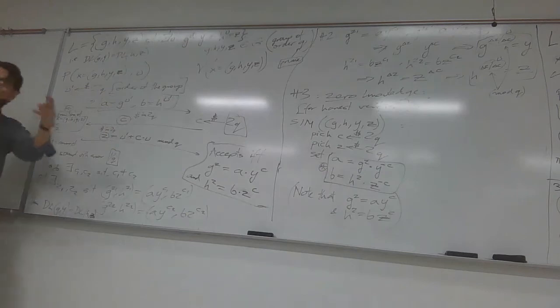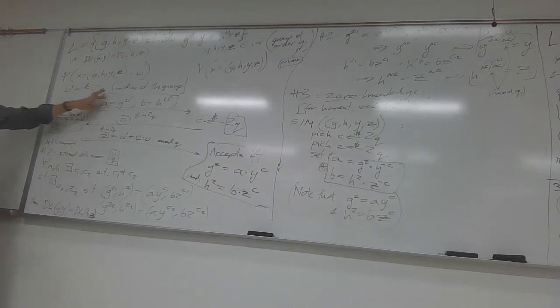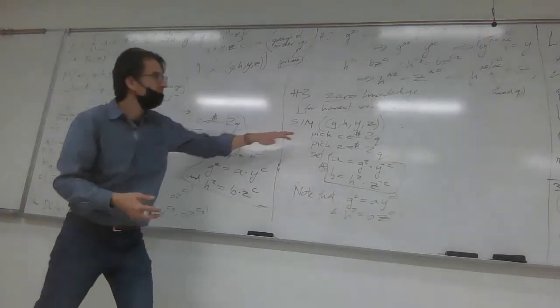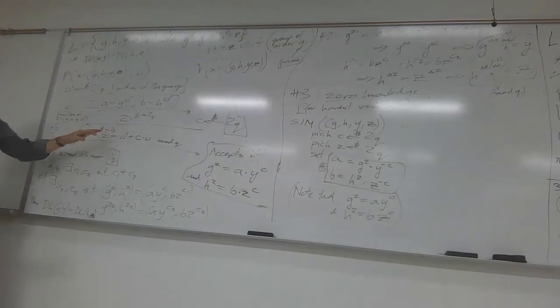So what the verifier sees is a random challenge that he chose, a random response, and some stuff at the beginning which verifies. Well, that's exactly what he sees in the simulation. He sees a random challenge, a random response, and some A, B that verifies.